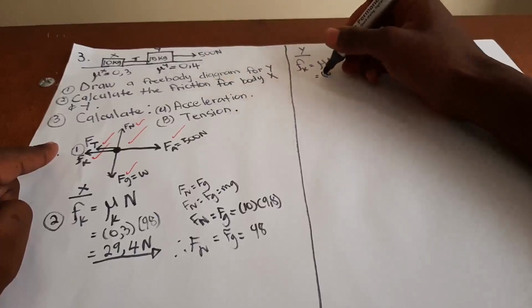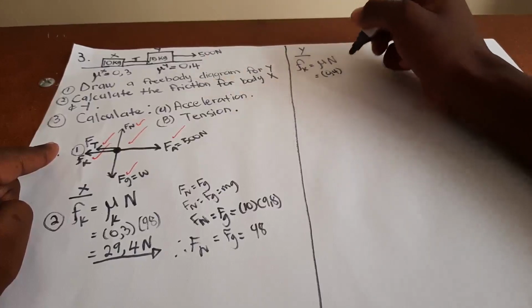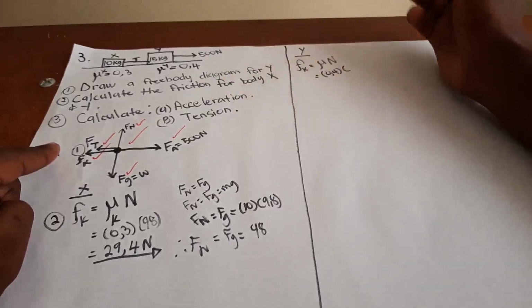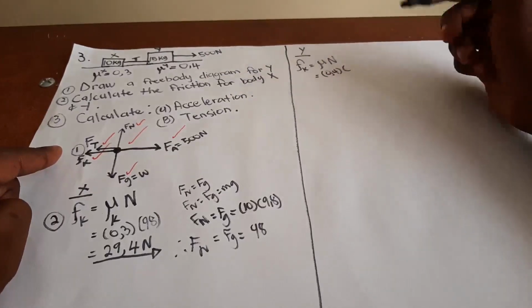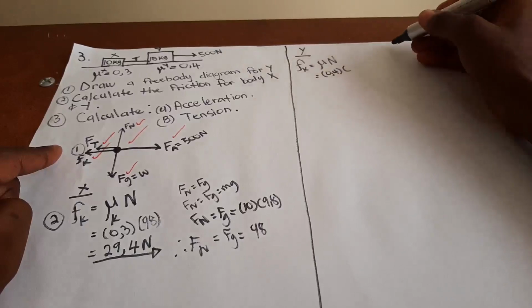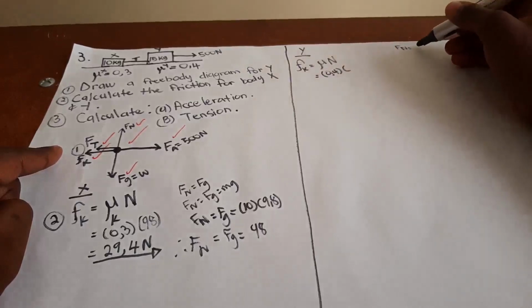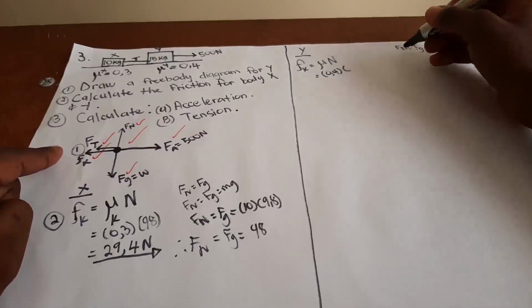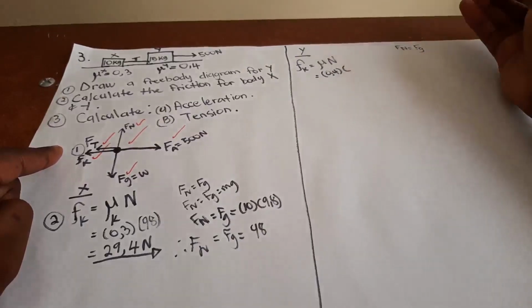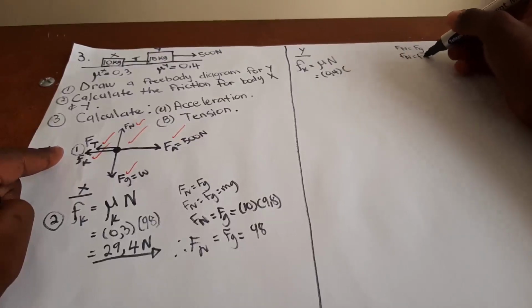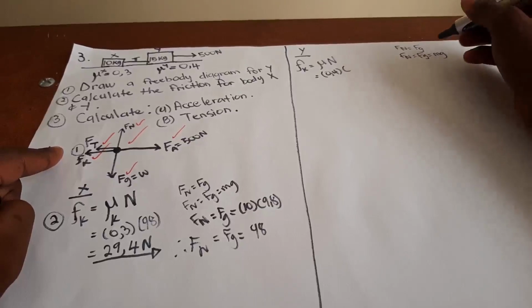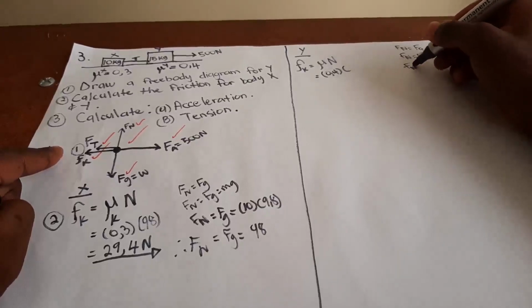That's 0.4 for y, and our N is below. Let's go and calculate our N, our normal force. Your normal force is equal to the gravitational force, which is equal to mass times gravity.